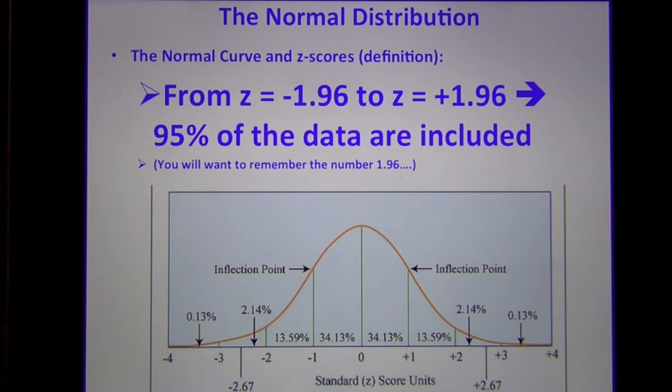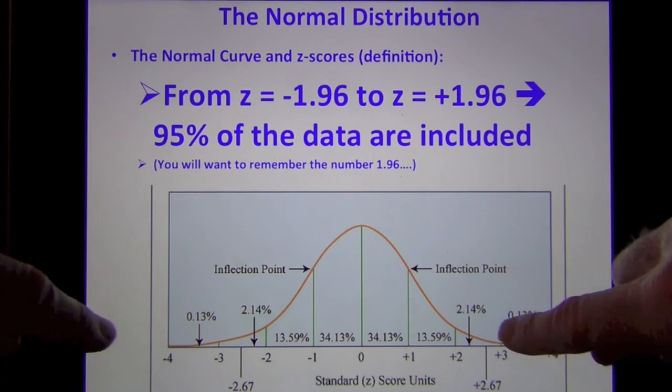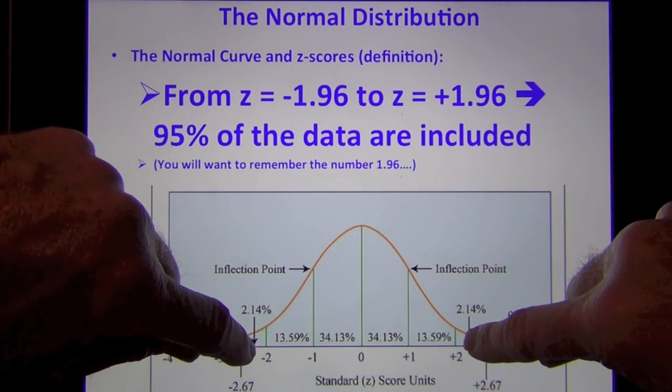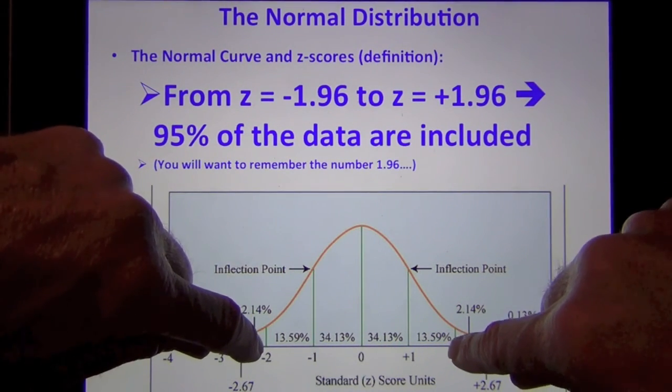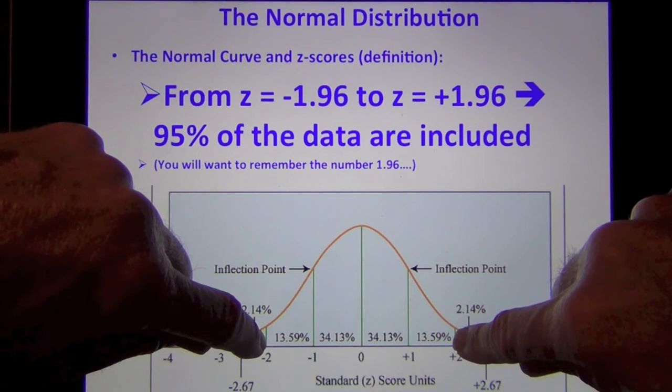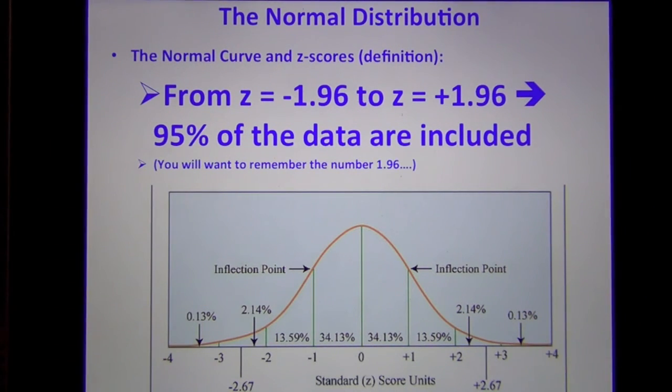This is an important point. If you're between a z-score of plus 2 over here and minus 2 over here, you capture about 95.5% of the data because it's 2 standard deviations on either side. And that's defined as the normal curve. But a lot of statistics isn't based on 95.5%, it's based on 95%. You've heard of p less than 0.05.